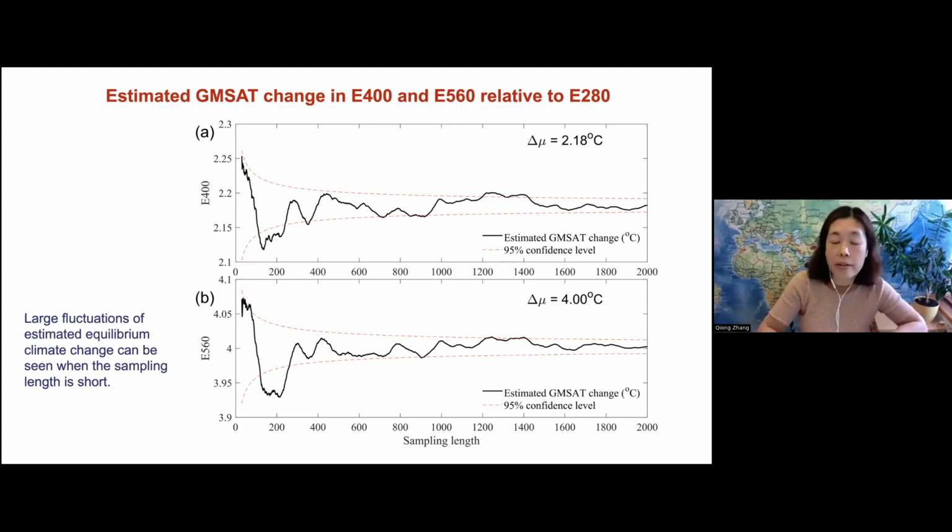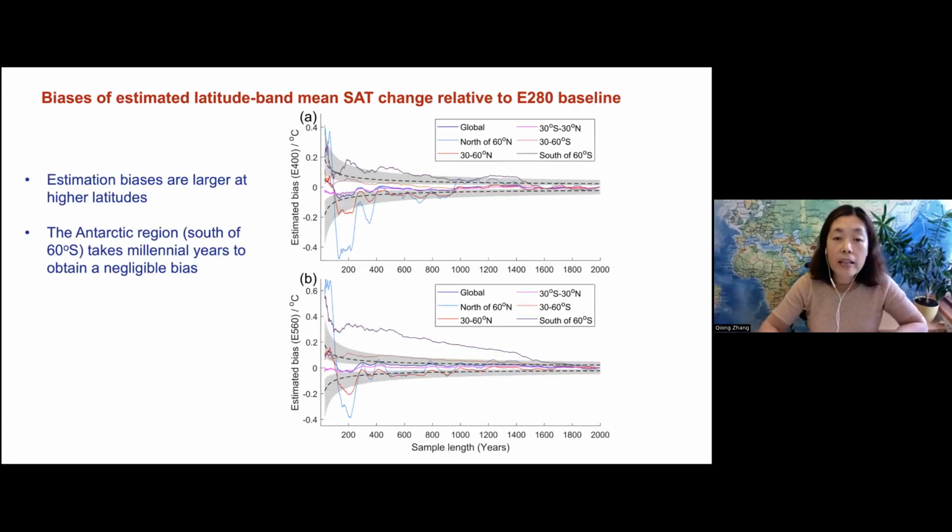and also the bias will be decreased. We also looked at different latitudes to see where the bias will be the largest, and as expected, the largest is still in the high latitudes. This blue line is, for example, for the Northern Hemisphere high latitude, north of 60, so like the Arctic. You could see it will cause a large bias in the Arctic and also in the Antarctic.